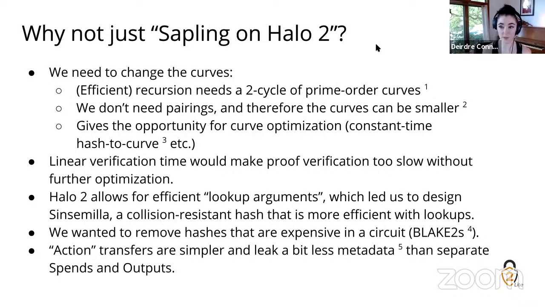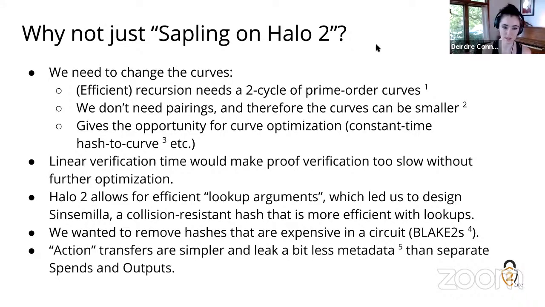So we don't need those anymore. That's one plus about Orchard and the pasta curves, they are smaller curves. So we get the cryptographic security, but they're smaller and they are prime order. And that makes a lot of how we model the cryptography and do proofs much nicer. And it's just simpler to reason about.